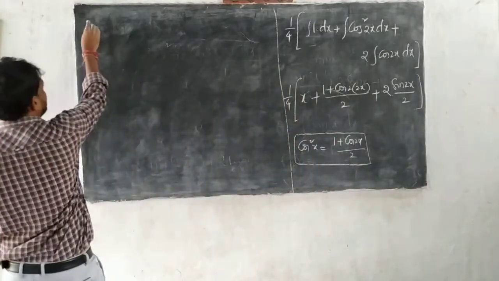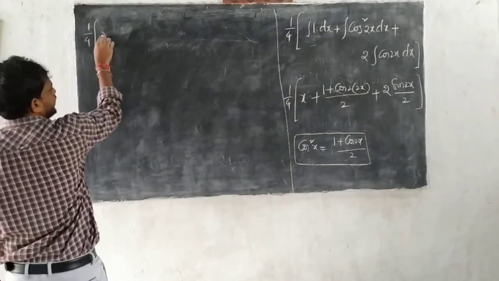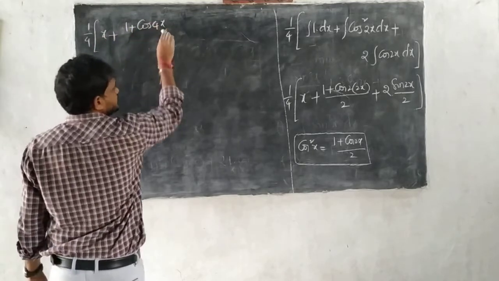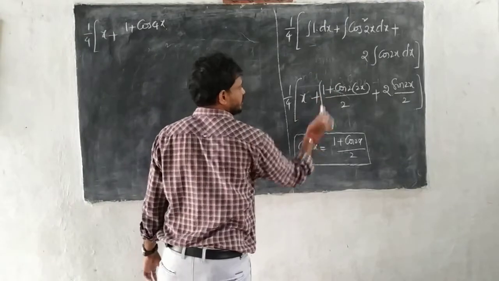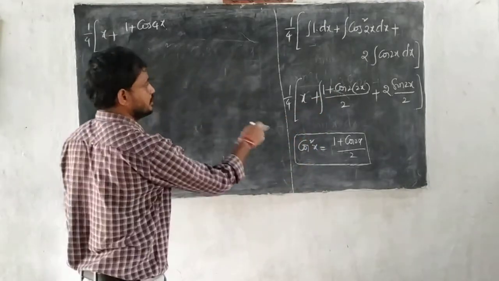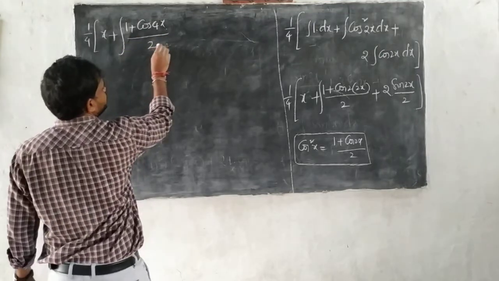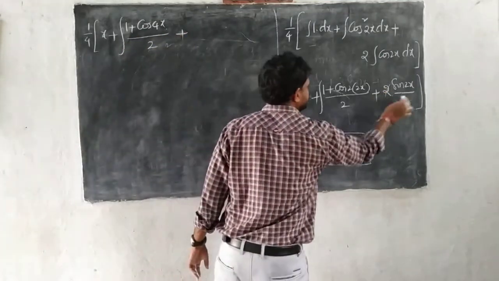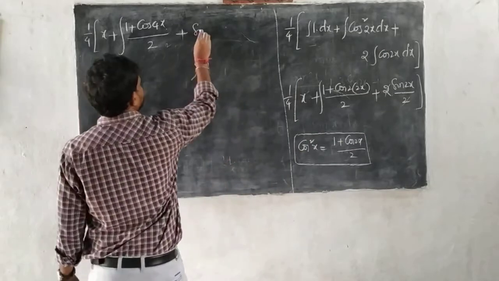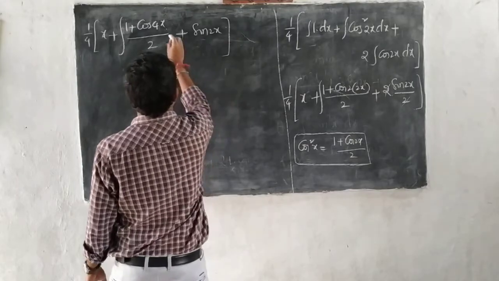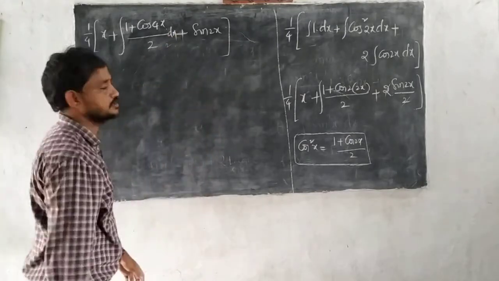So what do we get? 1 by 4 of x plus, for the middle term, the integration of 1 plus cos 4x by 2, plus 2 and 2 get cancelled, sin 2x. Close the bracket. Here integral dx.